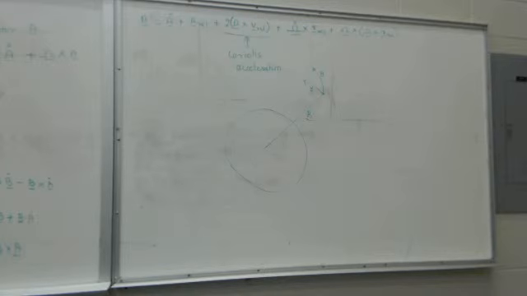The centrifugal force is trying to throw you away, trying to push you out. The centripetal is trying to keep you in. So there's a centripetal component, there's a radial component, there's a tangential component. I'll just give you what those components are.